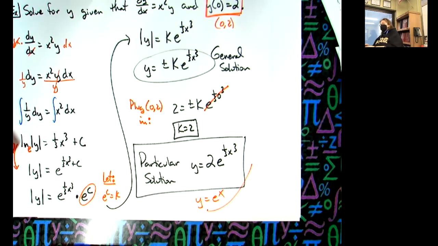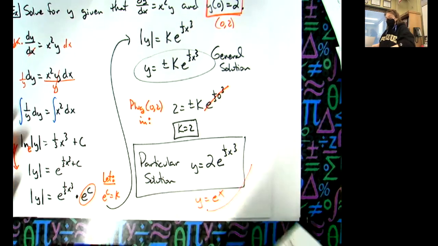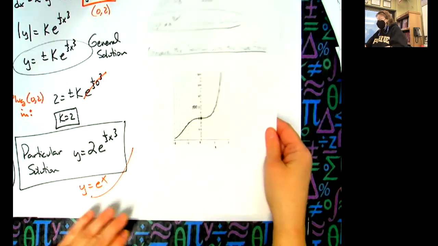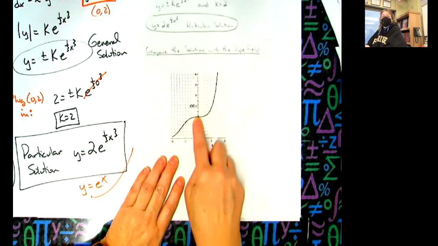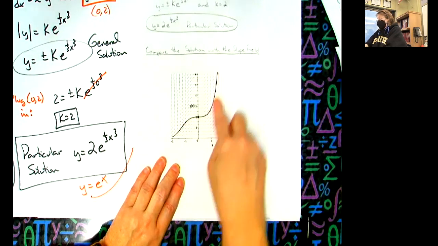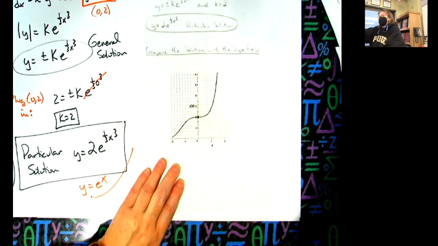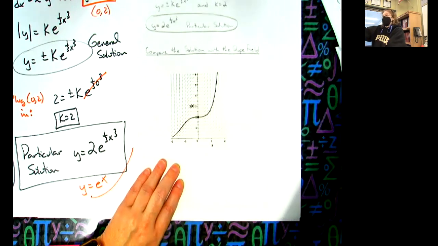All right, I'm not going to actually take the time to make the slope field. However, I will show you one that has already been made. All right, here is the slope field. Now, doesn't this kind of go up and to the right? So I've got that e to the x thing going.